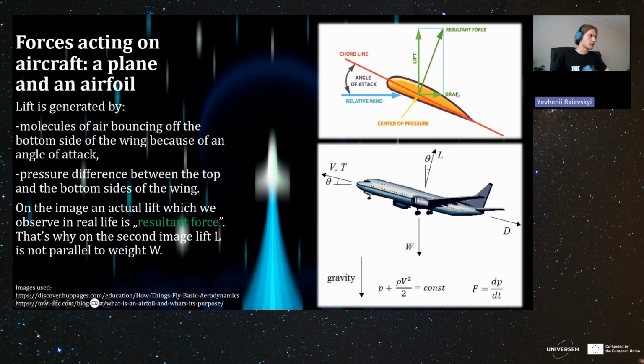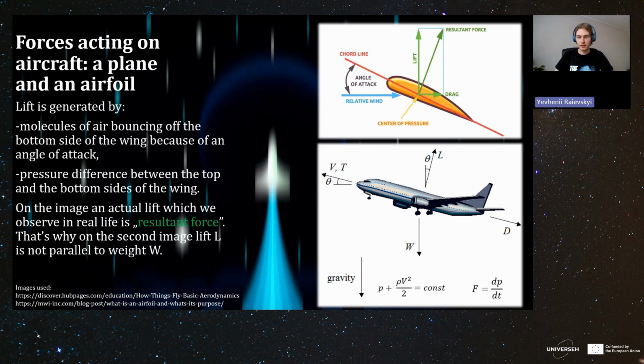This drag is created because if there is an angle of attack, there are always some turbulences in this area, and these turbulences cause our aircraft to be pushed backwards in some way.